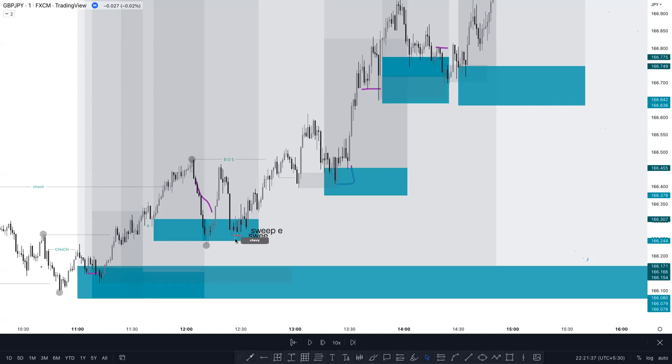Yes, there is a possible sweep, but that's why we are not taking this sweep here, because price does not have any POI, so we can't take any random sweep entry here like this one. Okay, because this high is also swept here, so why can we sell here? There is not any POI here, right?